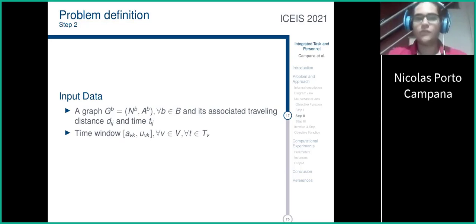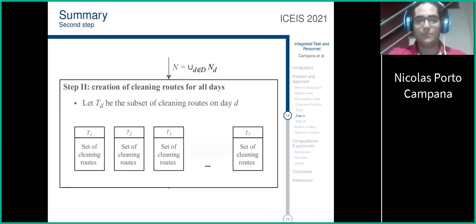We also have time windows for each location and each task, and a maximum route duration. As I already said, we also have as input, for each day, the set of locations that need to be cleaned, and we will generate for each day a set of cleaning routes. Same as in the first step, we have T1, T2, T3, until T7.